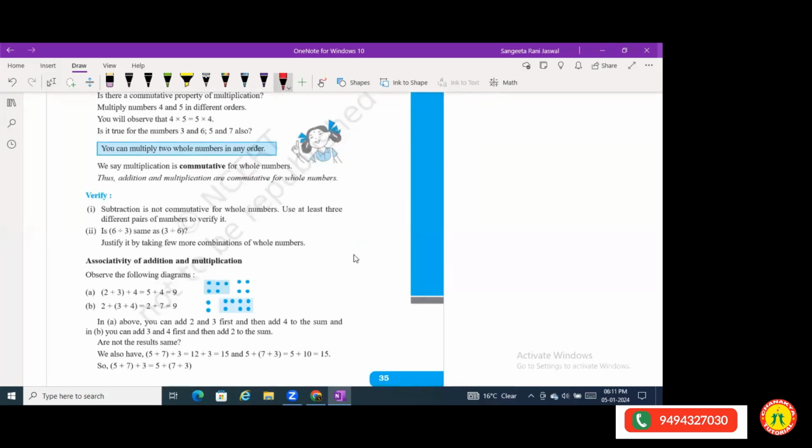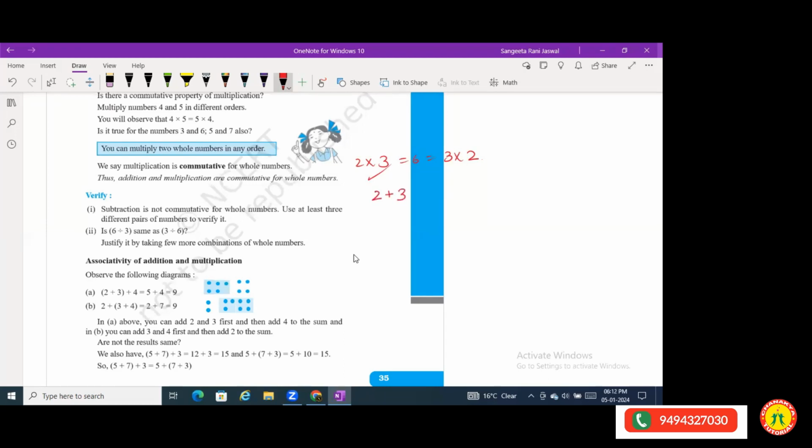Here it's written, you may multiply two whole numbers in any order. 2 into 3 is 6 and 3 into 2 is also 6. So multiplication, like addition, is commutative for whole numbers.